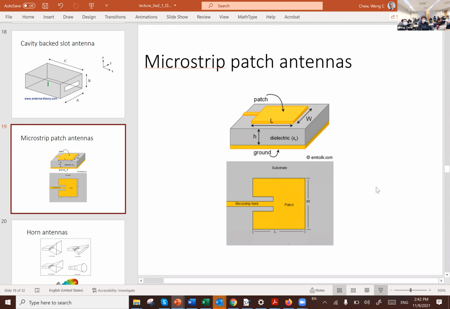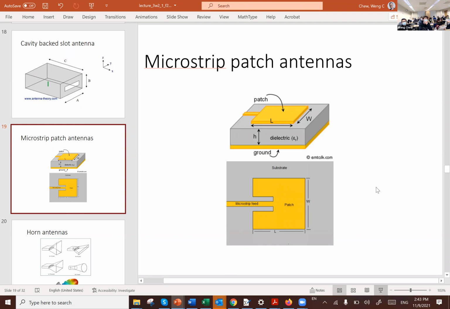But if you look at this antenna, it consists of an upper half and a lower half, two plates together. What comes to mind? It looks like a waveguide, which is true. And this waveguide has open surfaces on all four sides.